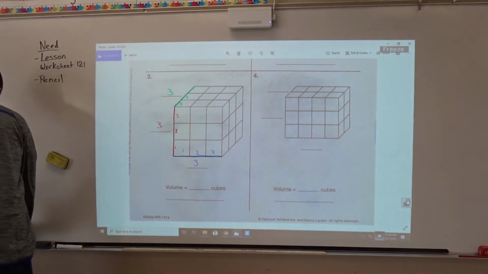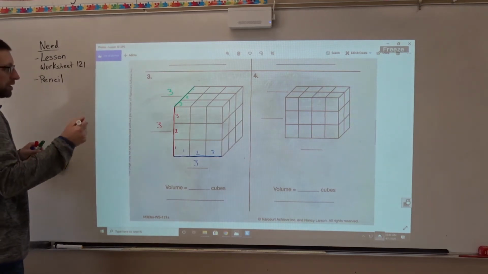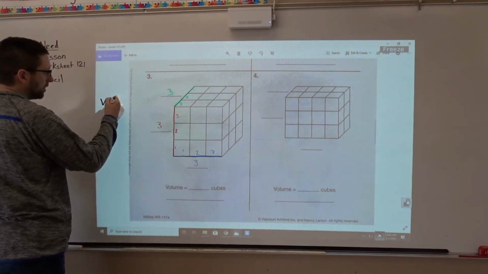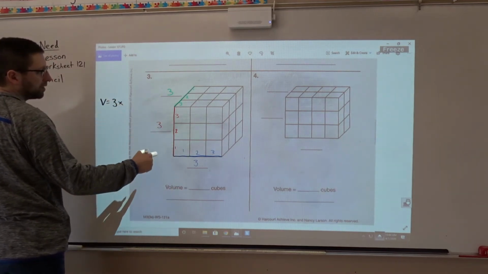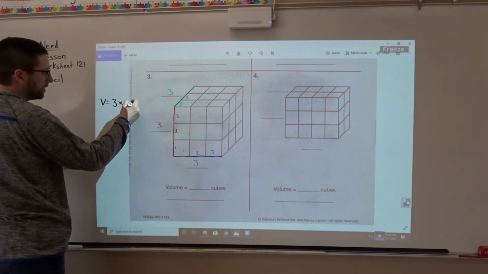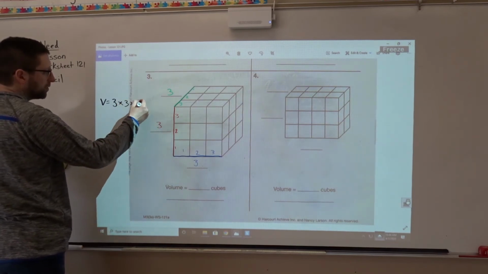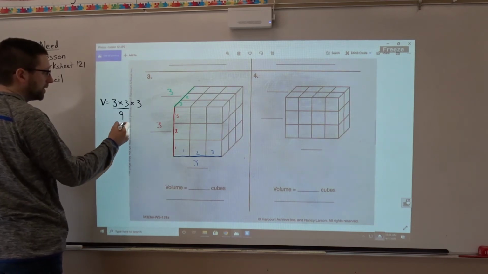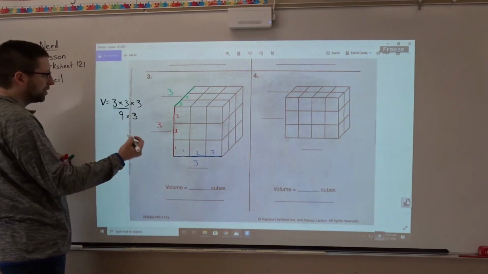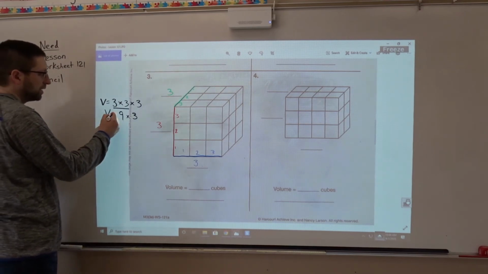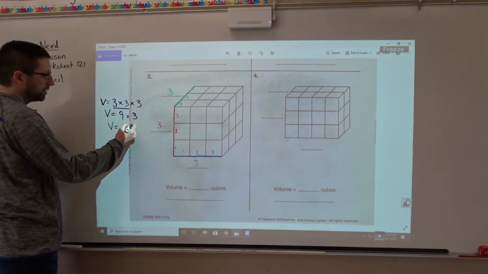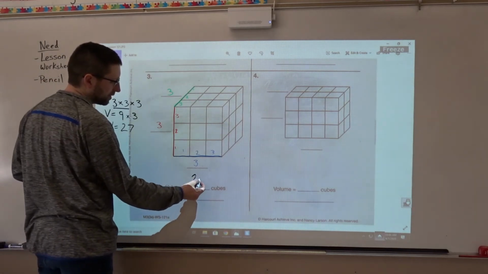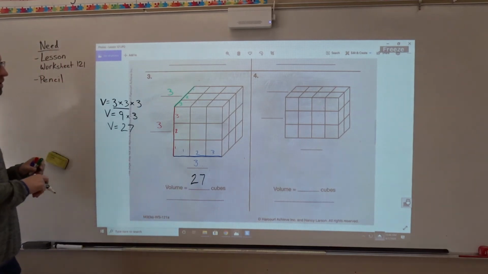So if you remember, the formula for volume is V equals length, so 3, times width, times 3, times your height, times 3. And I do this part first, and I know 3 times 3 is 9. Then I'm left with 9 times 3, and I know that 9 times 3 is 27. So my volume here for number 3 is 27 cubes.